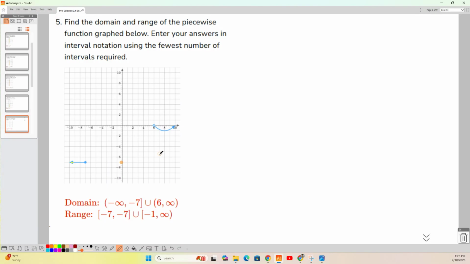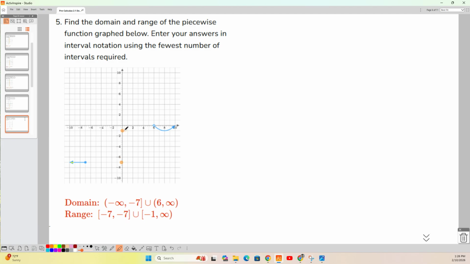And then the y values jump up here to the second graph at -1. So we need to include this -7 here. So the range starts by going from -7 to -7. And we put brackets around both -7s because we are including -7. The graph exists there.